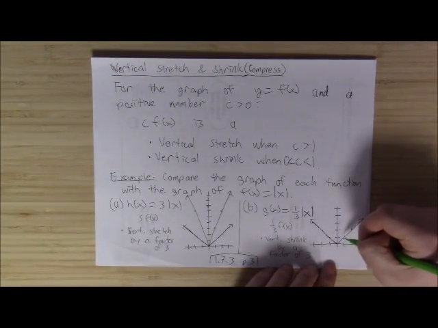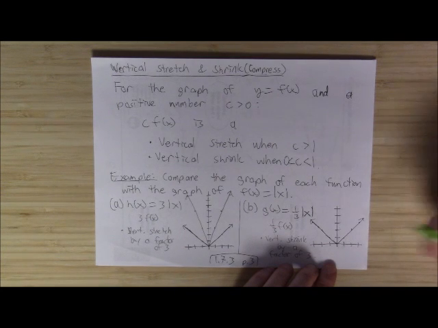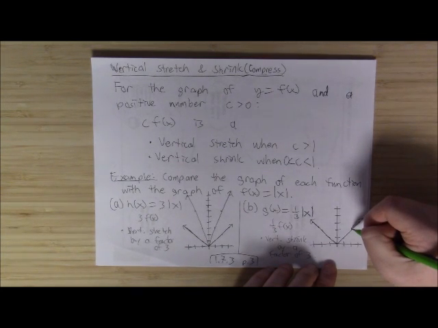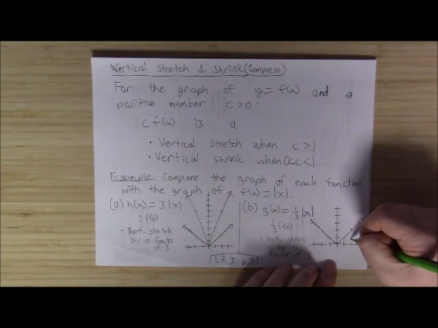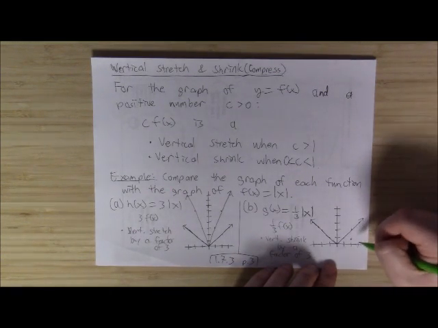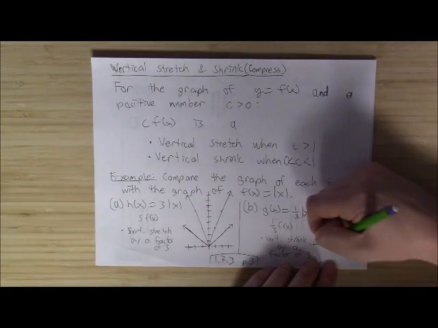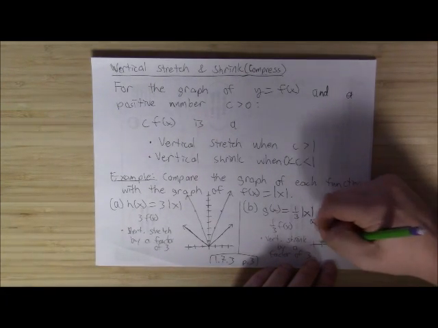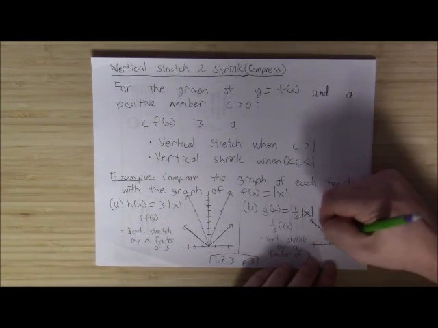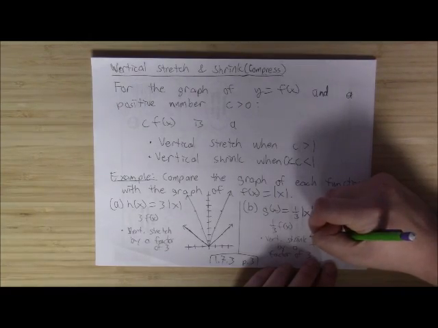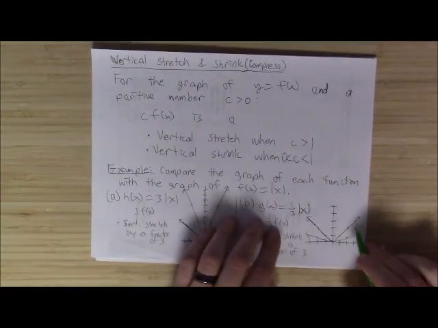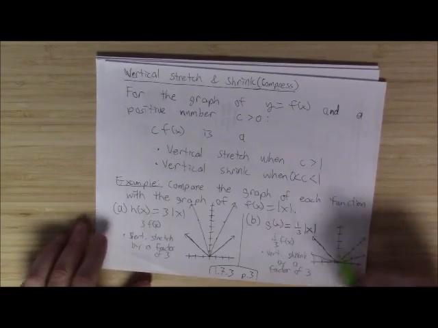Well, it takes 1 and now it goes to 1/3. It takes 2 and goes to 2/3, which is about here. It takes 3 and gets sent to 1. And then similarly over here. So it just takes those y values and divides them by 3.